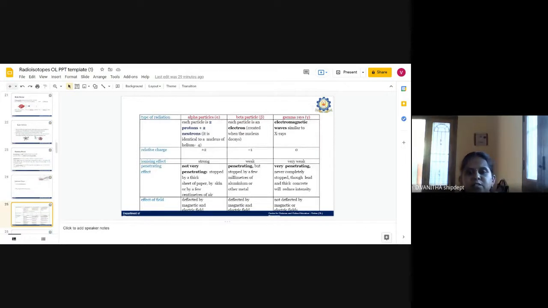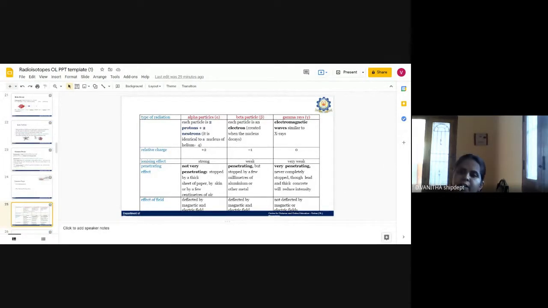So here, this table displays the variation between alpha, beta, and gamma rays. An alpha particle has two protons and two neutrons, and it is identical to a nucleus of helium-4.